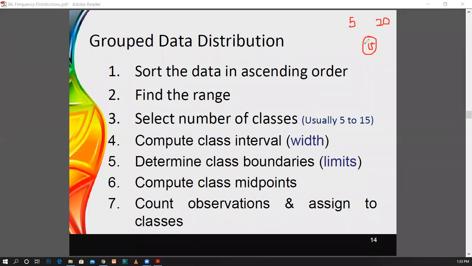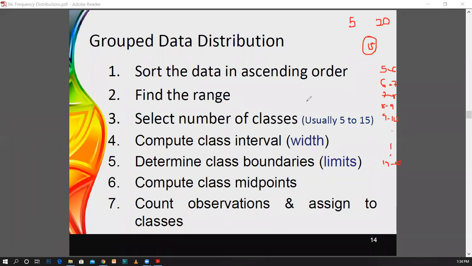It is because if you have 15 classes, then you may have the values as 5 to 6, then 6 to 7, 7 to 8, 8 to 9, 9 to 10. Likewise, you may have the values up to 19 to 20. Therefore, there is no point in defining the classes in this way.